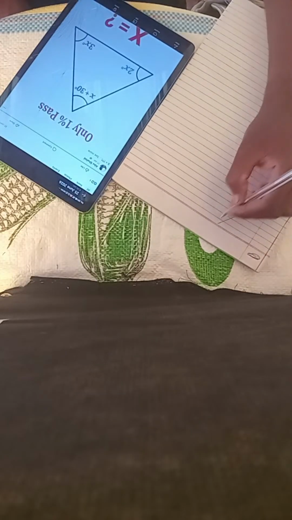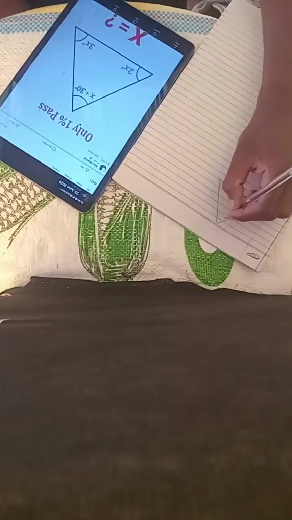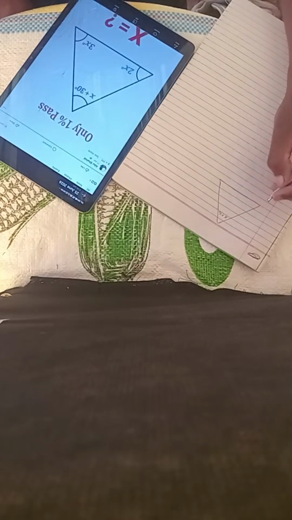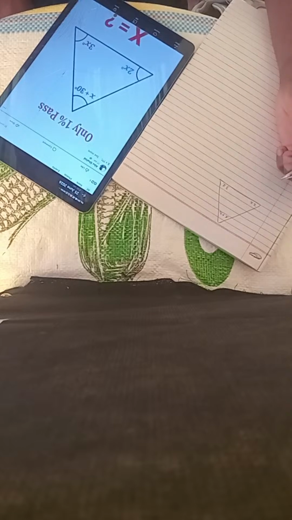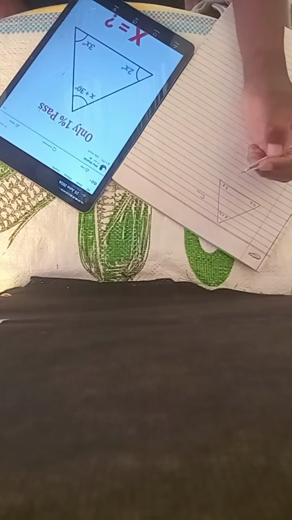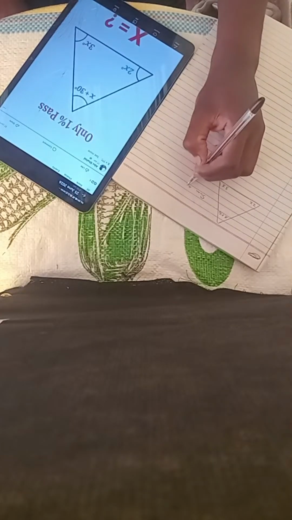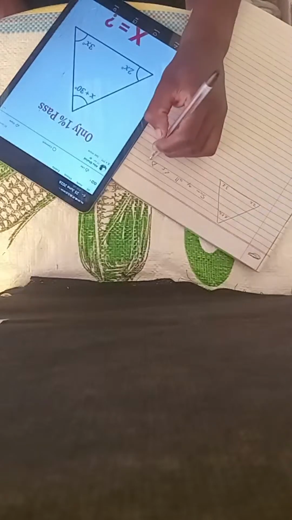that triangle is given with x plus 30, 2x, 3x. Basic standard, which is the sum of all interior angles of a triangle equals 180.